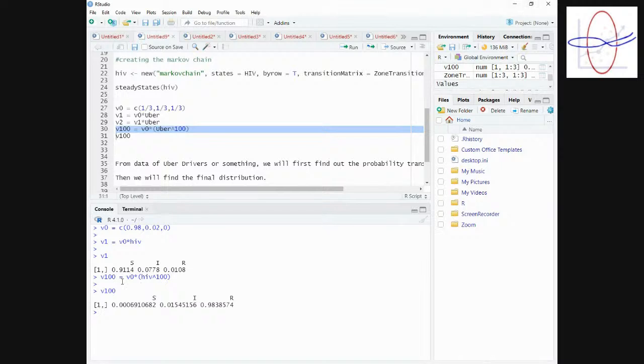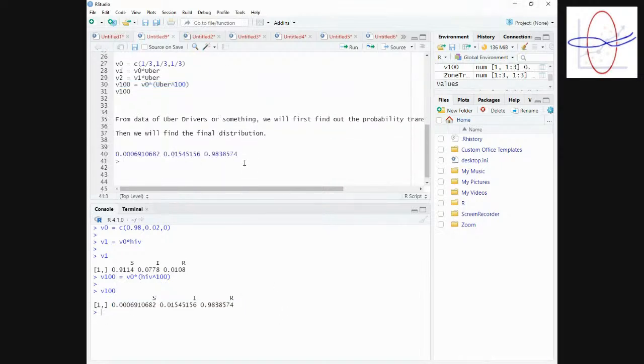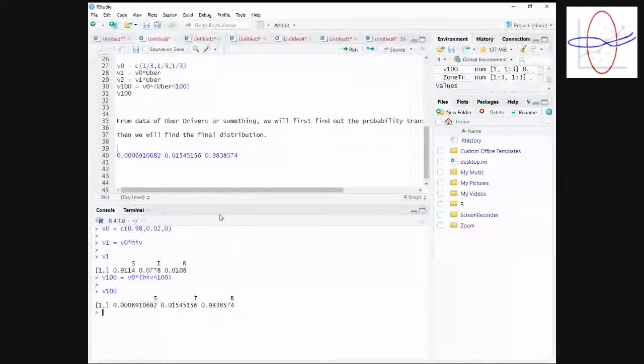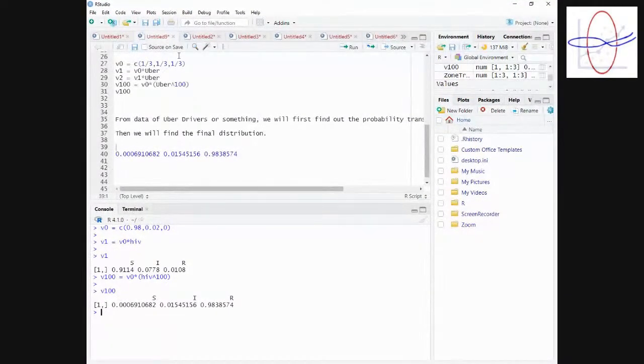What is the number we have got? You can understand that it is going towards something. Towards what? Can you tell me where it is going? Let's do 1000 then. 1000 will be a bit too much for R. Let's do 200.